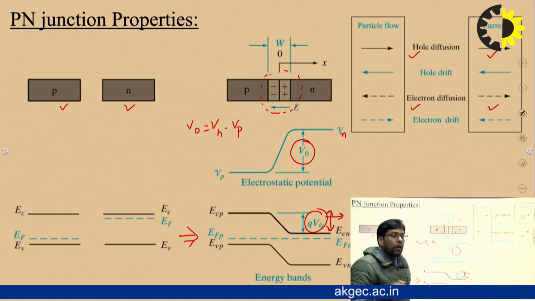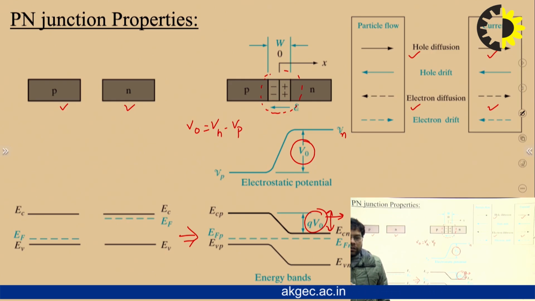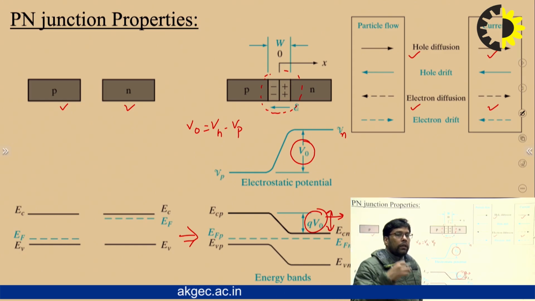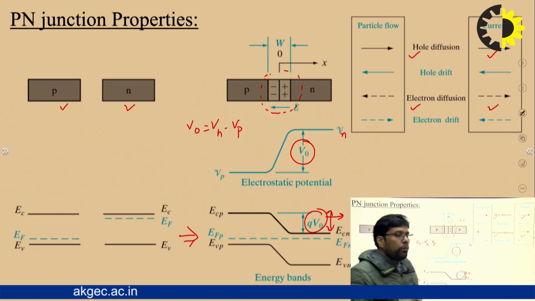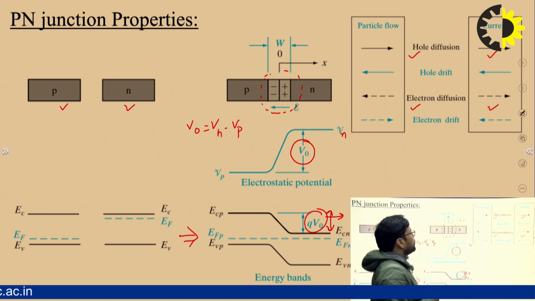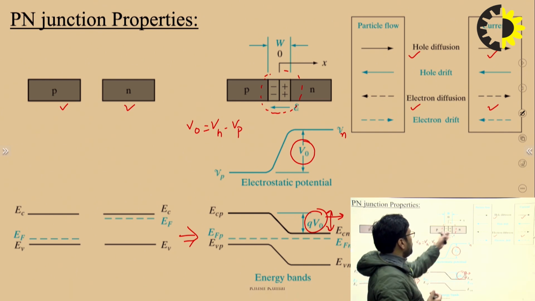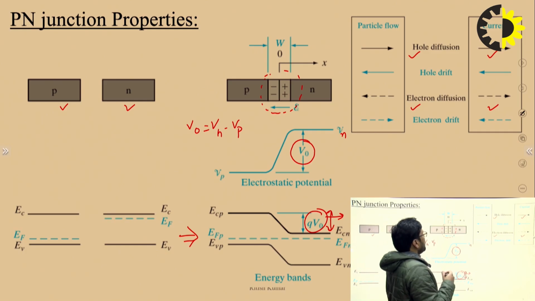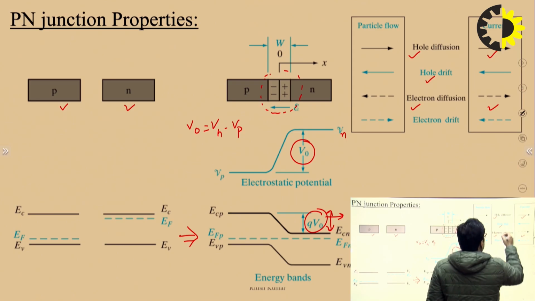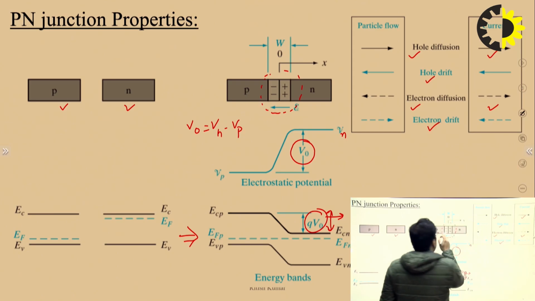Due to the presence of the electric field, whatever current flows is known as drift current, or the movement of charge carriers is known as drift of the charge carriers. So holes will drift from N to P, and electrons will drift from P to N, and these are the minority charge carriers for P type and N type respectively, right?